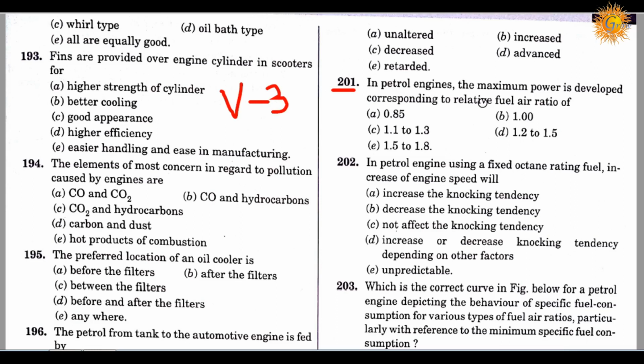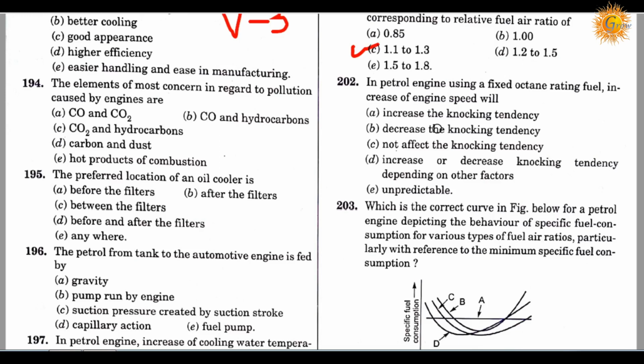In petrol engines, the maximum power is developed corresponding to a relative fuel-air ratio of: option A 0.85, option B 1, option C 1.1 to 1.3, option D 1.2 to 1.5, option E 1.5 to 1.8. So the correct answer is C, it's 1.1 to 1.3.